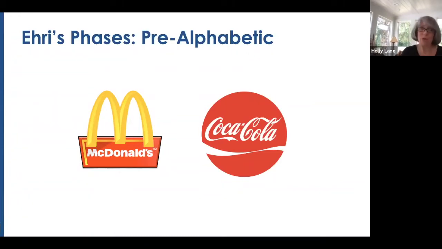But of course, he's not actually reading. He's recognizing a logo. It's basically recognizing a picture and attaching it with what he knows that is connected with. And this is a very common thing early on. Almost every child goes through this phase where they're attaching meaning to some symbol in their environment.